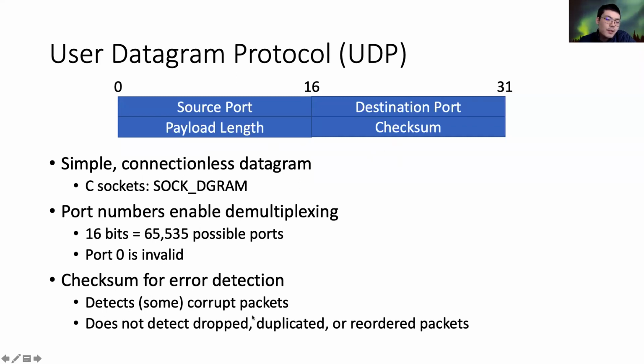So this checksum is for error detection. It can detect whether some bit is flipped. If that's the case, even if you receive this packet, this segment, you should throw it away. Actually, you can send a NACK, meaning that I received that packet but it's not valid, so you should retransmit.